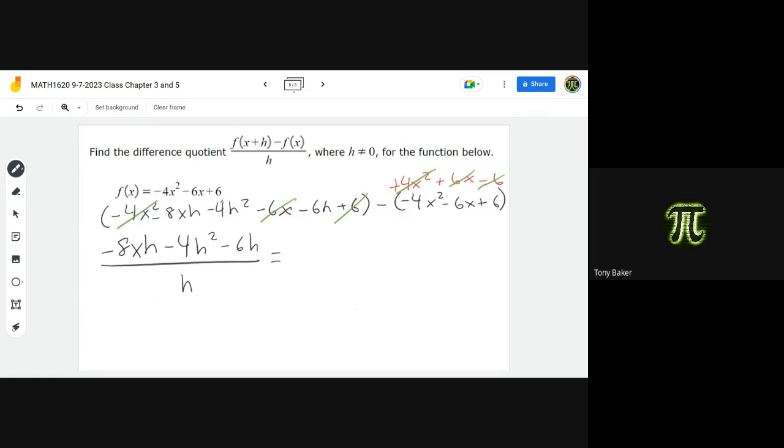So in this case, now we're going to take out one of the h's because I don't want h down the bottom. So everything's got an h in it. So I'm going to cancel one h out of everything. So I'm left with negative 8x minus 4h minus 6.